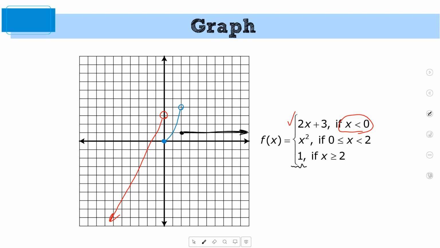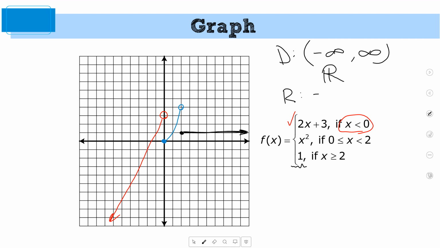Just for giggles, what's the domain of that completed function? All reals. Beautiful. Any problem with that? How about the range? Domain is equal to negative infinity to infinity, or as many said, all reals, a capital R with an extra line on it. What's the range?